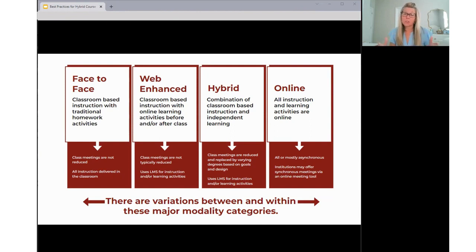So the experience for students will be very different whether they take, let's just say, Composition 1 face-to-face or online, or even web enhanced or hybrid. Same course, same learning outcomes, different experience for the student, and therefore it requires different planning models. And we're going to go through some of those today.